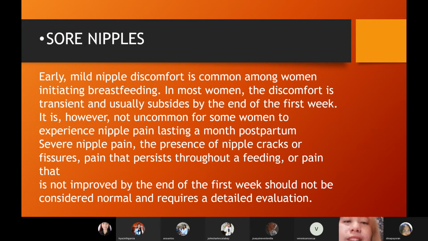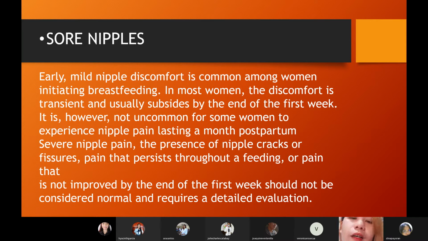So, as early as the first week, let's observe, for those mothers, or if you will become a mother soon, let's observe our nipples.